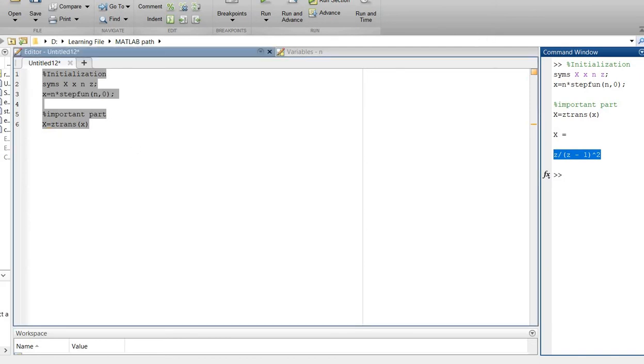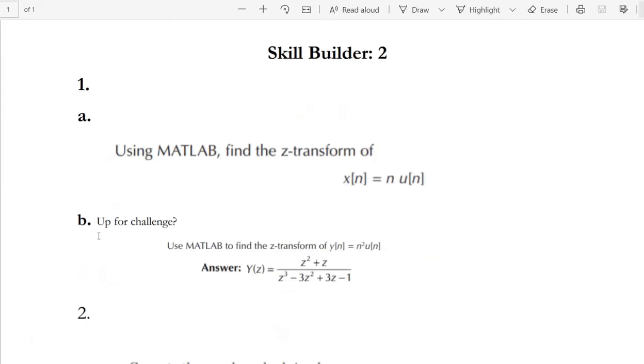Okay, so on the second part, or the letter B, if you're up for a challenge, we'll use MATLAB to find the Z transform of y of n, and instead of n, we're going to square it, then u of n.